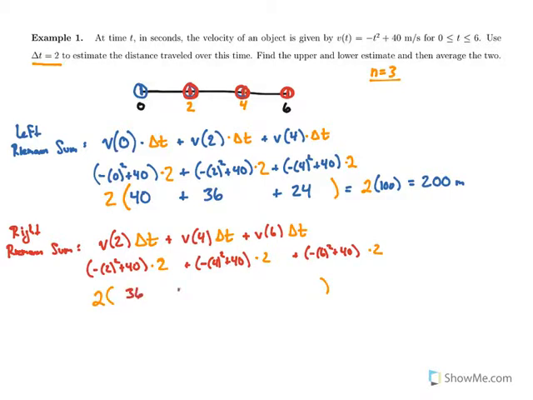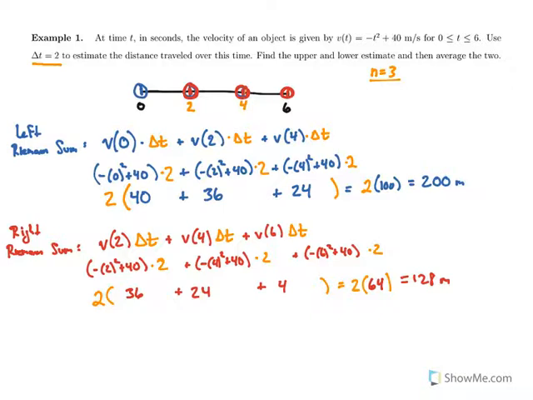Negative 4 squared plus 40 is going to be 24. And negative 6 squared plus 40 is just a 4, negative 36 plus 40. So adding that all together, we get 2 times 64, which is going to be equal to 128 meters.